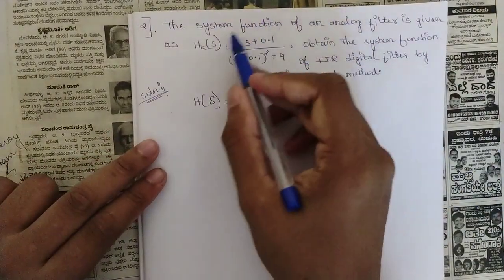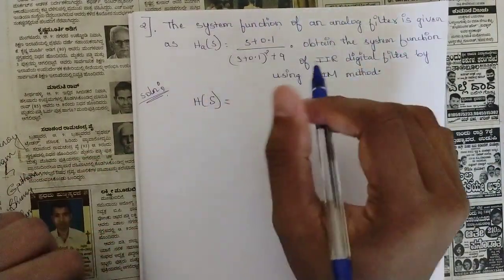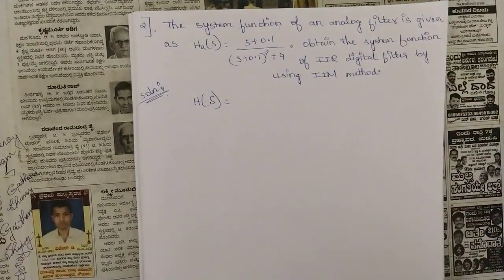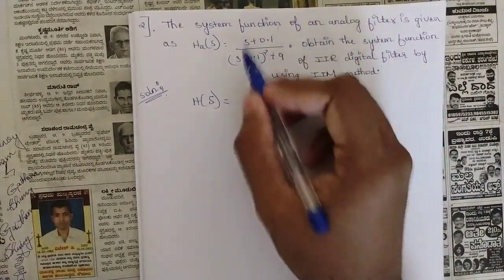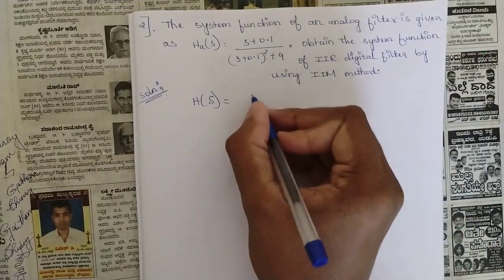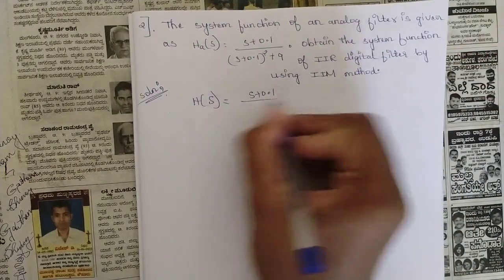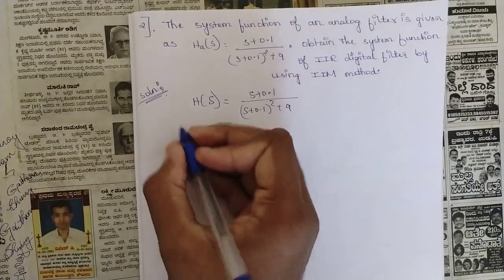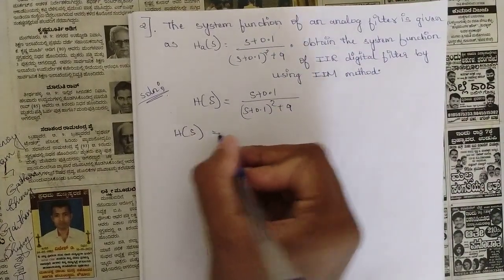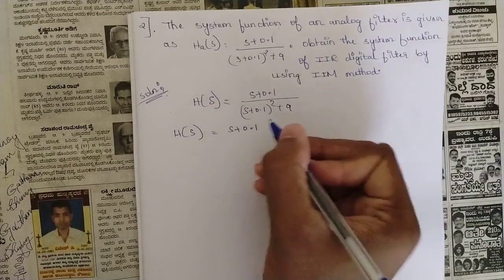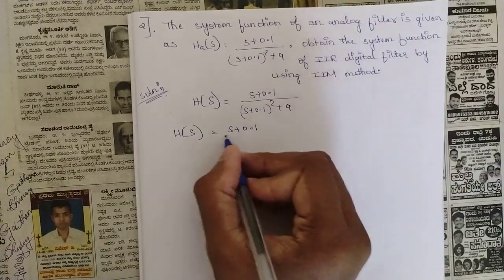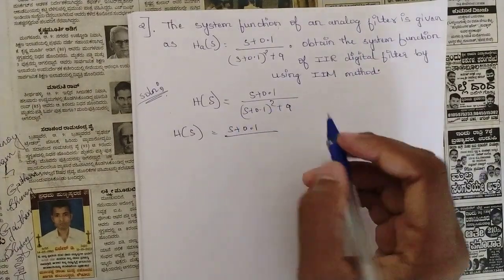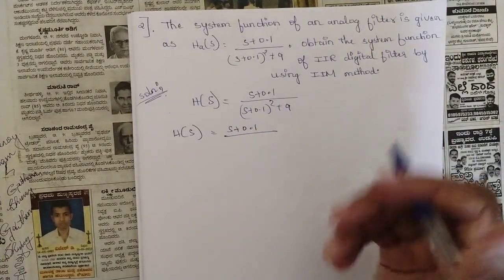First, we should be bringing this in terms of partial fraction method, so that we can apply the partial fraction method. For that, we should be doing some of the simplification part. They have given it as s plus 0.1 divided by s plus 0.1 whole square plus 9. So now how we can write this is s plus 0.1 divided by, it is of the form a plus b the whole square, that is equal to a square plus 2ab plus b square, right?